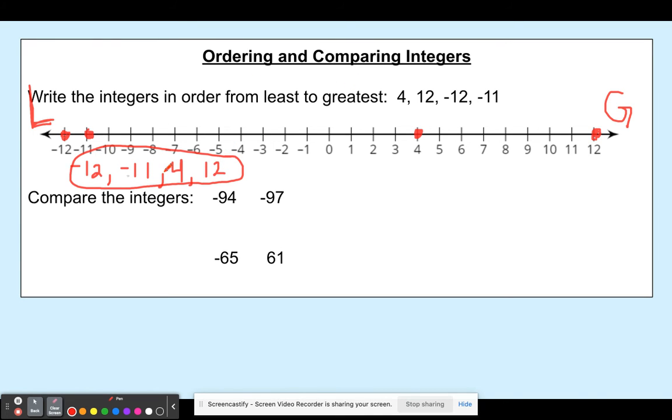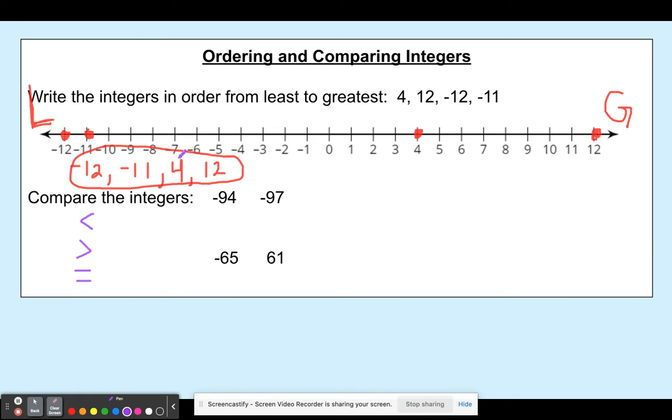Now, in addition to ordering them, you also have to compare. And when we compare, we think of alligator mouths, less than, greater than, or equal to. So when you have these two numbers, -94 and -97, I can't exactly look at them on my number line to plot them.